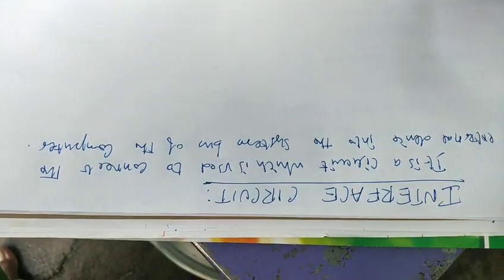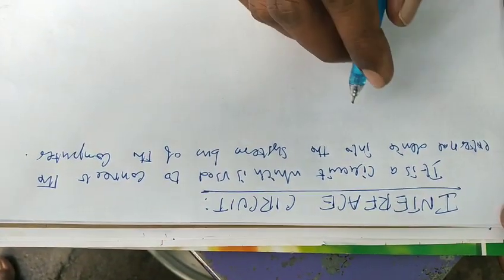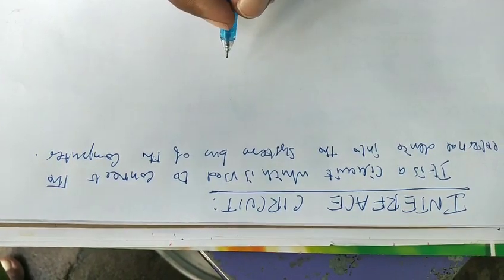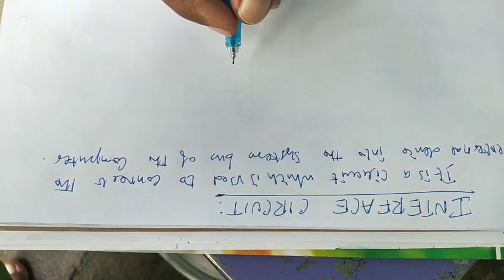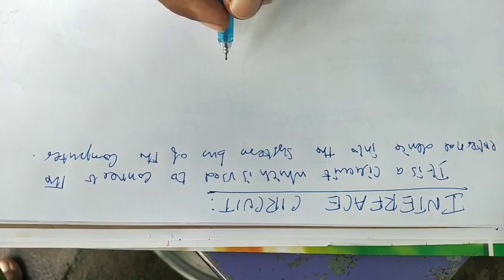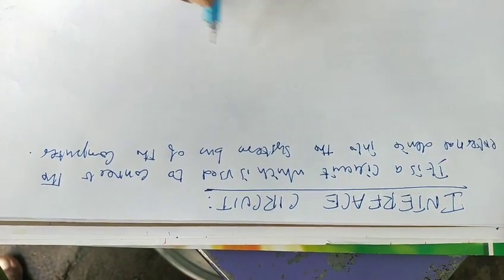So this is the definition of interface circuit. Basically, it is a circuit used to connect the external device to the system bus of the computer.